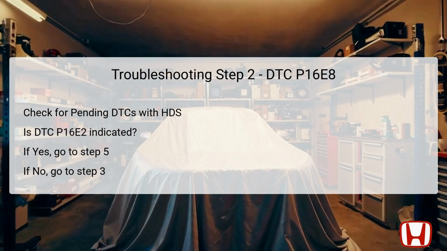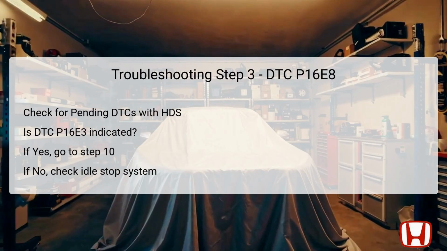If DTC P16E8 is confirmed, this suggests a potential cascading problem that requires more intensive investigation and subsequent corrective measures, leading you to step 5 of the process. On the other hand, if DTC P16E8 is not indicated, the procedure continues to step 3 to check for further potential faults within the vehicle system.